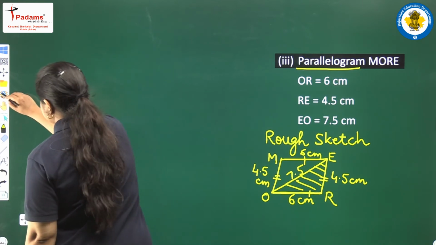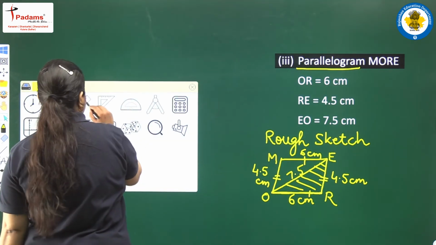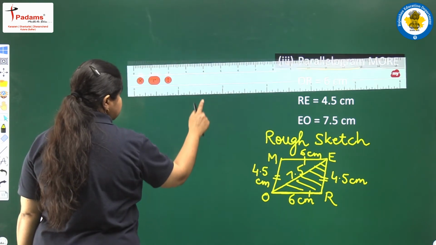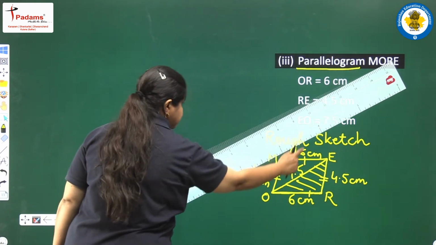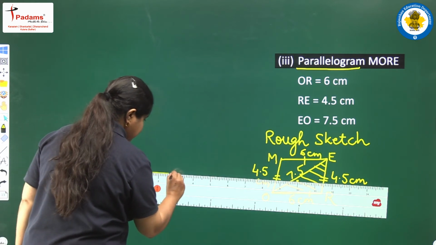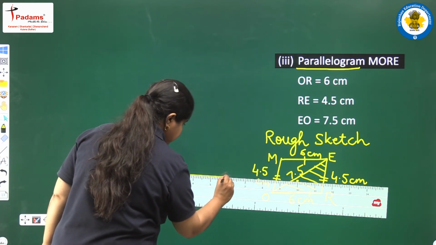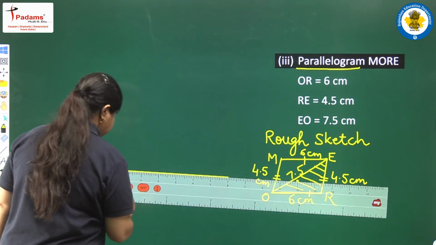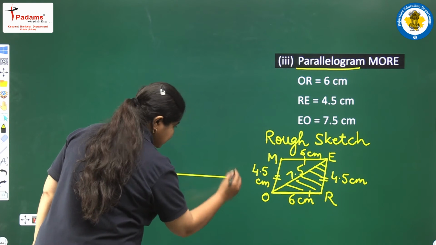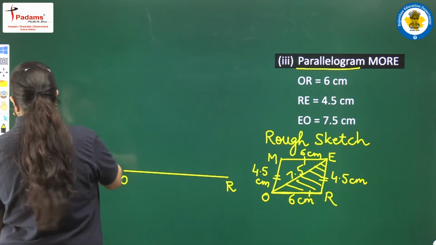Let us start with the help of a scale. Six centimeters long line segment, this one. Let us name it as OR. Then we need a compass.